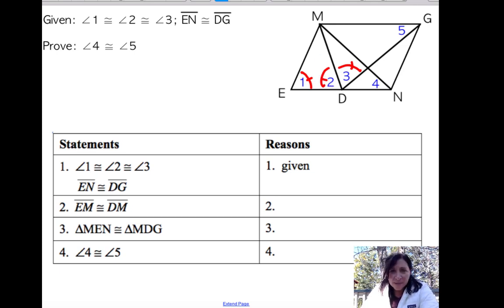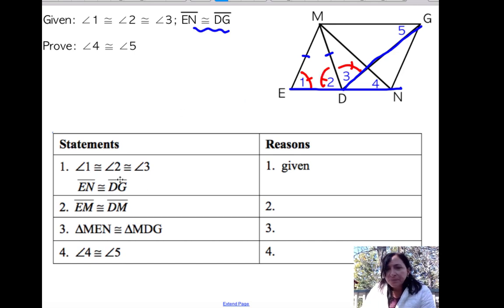It also would mean, in one of my steps, I could say that this segment is congruent to this segment, because the sides opposite congruent angles, that's the converse of the isosceles triangle theorem. Additionally, we know that EN, this whole length right here, is congruent to this whole length right here, okay? So let's see where that puts us.